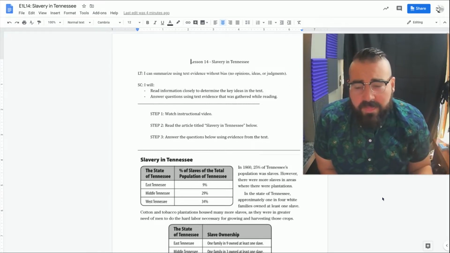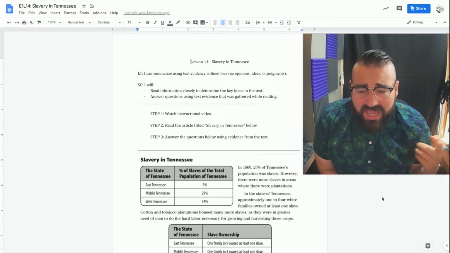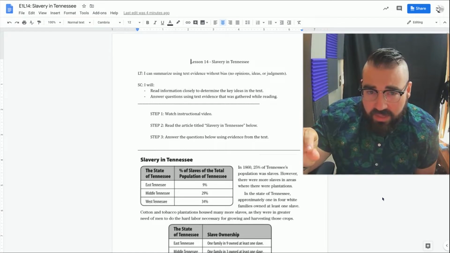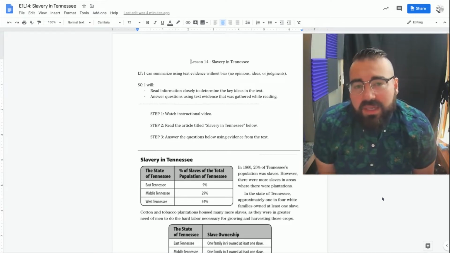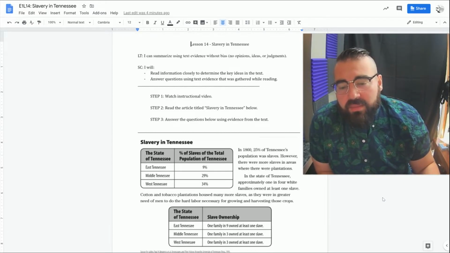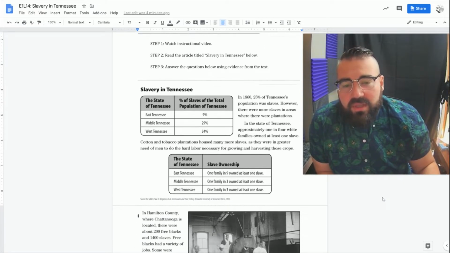It's a process. So today we are going to read information closely to determine the key ideas in the text and then answer questions using text evidence that was gathered while reading. And I'm going to assist you a little bit in reading the article, but then I'll leave it up to you to answer the questions.